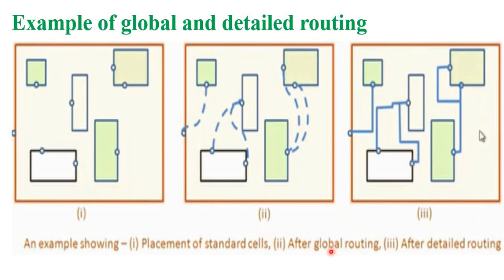Here what it tells in global routing is that there may be a chance to connect like that or like that. Here pin configurations are present, or this may be connected in this way also. Once the global routing is finalized, try to complete one connection to the other. So like that we have completed. This is called detailed routing.